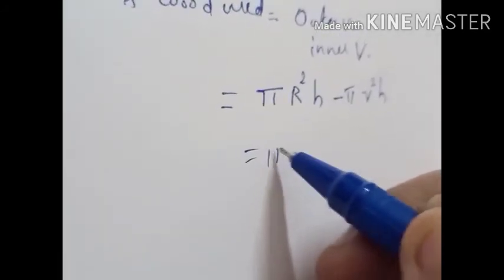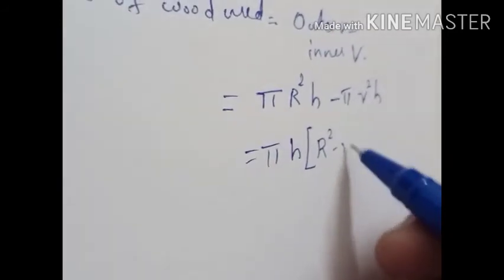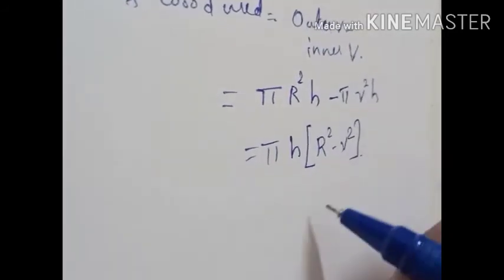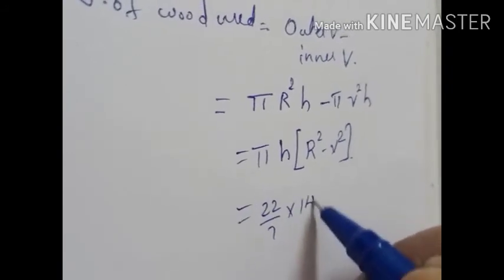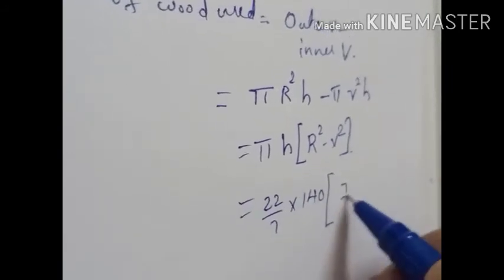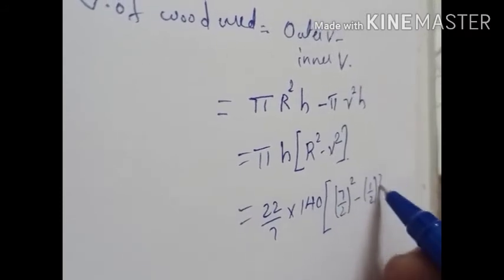So we can take the common factor pi h outside, then R square minus small r square we will get. So 22 by 7 into 140 into 7 by 2 square minus 1 by 2 square.